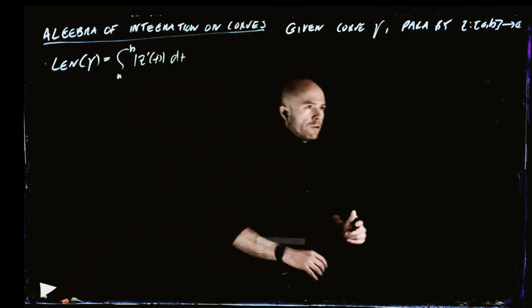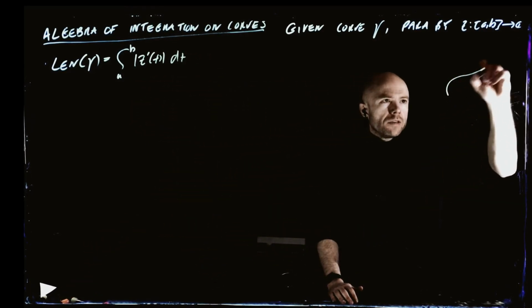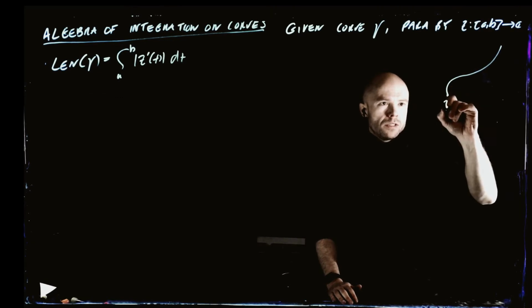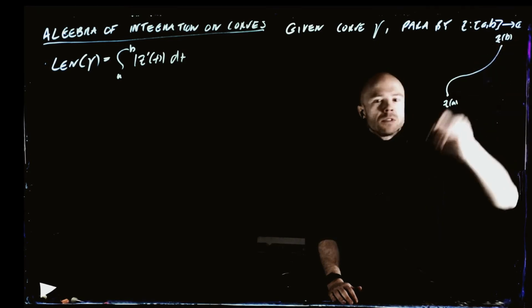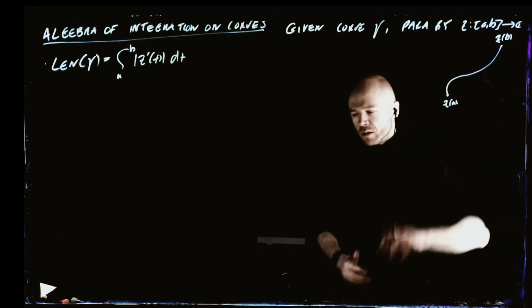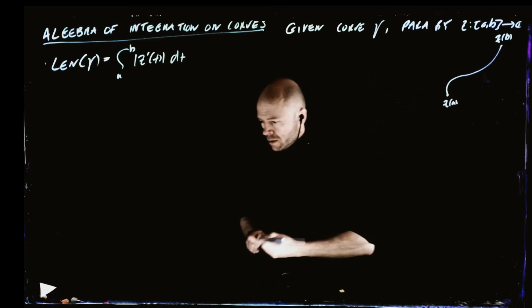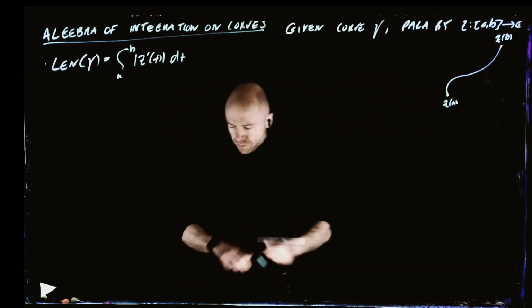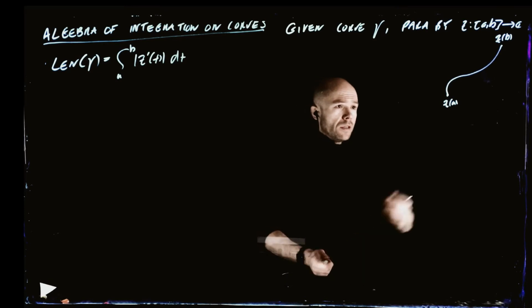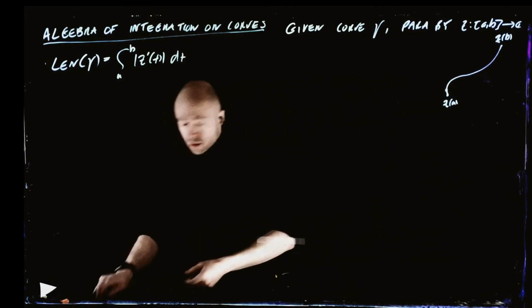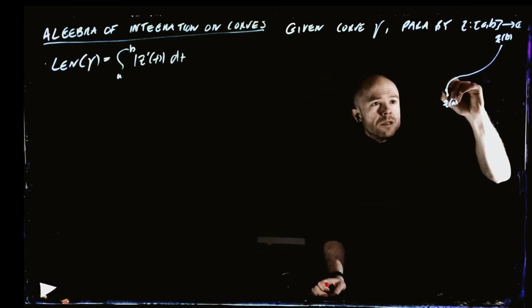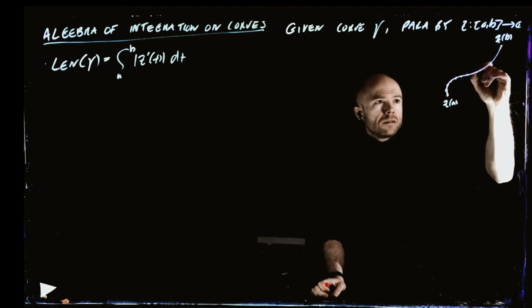And this is the same formula that you saw in multivariable calculus, right? So if we start here, z of A, and here, z of B, okay? Then if we want to have a notion of the length, then what would we do? This is how hopefully it was explained to you in multivariable calculus, that we would cut this thing up into little tiny pieces, right?